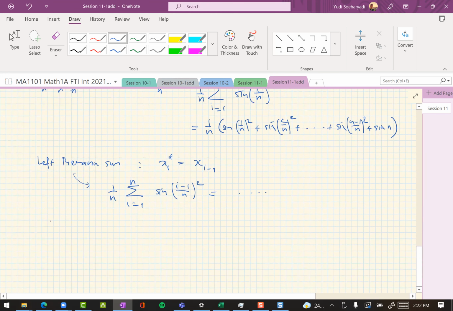Or you can use midpoint. The midpoint is x_i plus x_{i-1}.